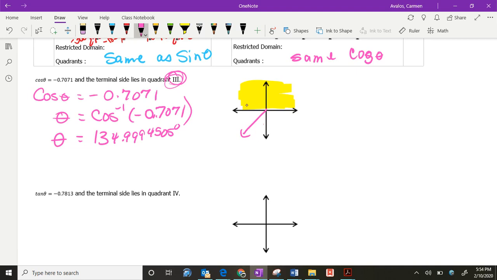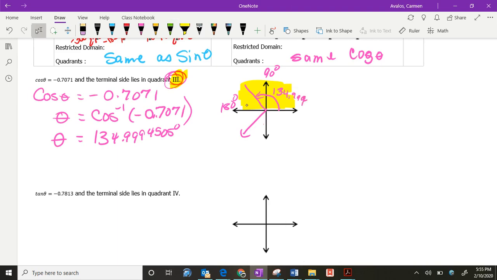So that is the angle that we have in quadrant 2, because that's from 90 degrees to 180 degrees. But the one that we want has to be in quadrant 3. So that means we are going to do a little bit more. What do we need to know that it's in quadrant 3? Well, the 134.9999 is from here to here.